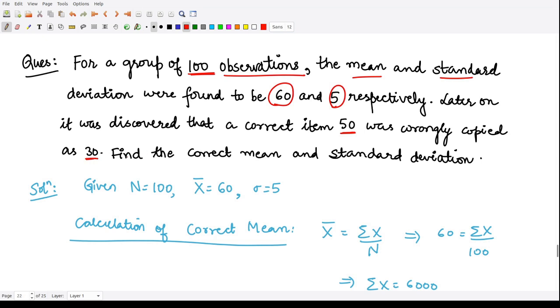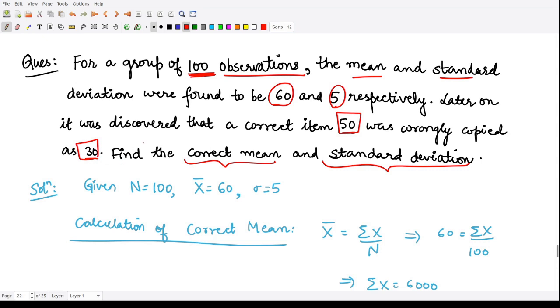So instead of 50, the person wrote 30 and made a mistake. Now, because we do not have all the observations and data here, we are to correct the mean and the standard deviation according to this mistake. We only know that instead of 50, the person wrote 30.